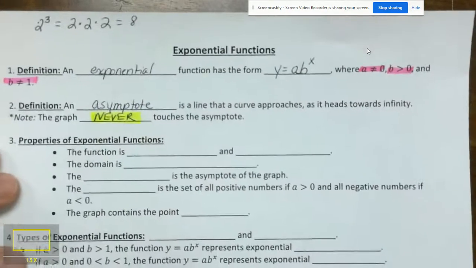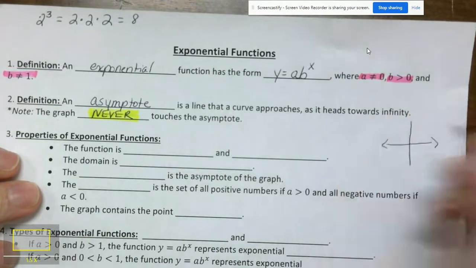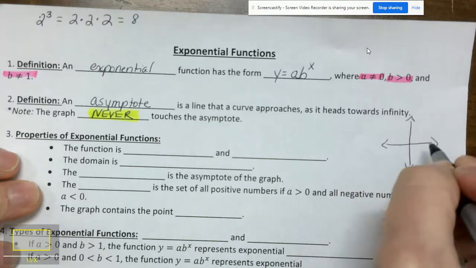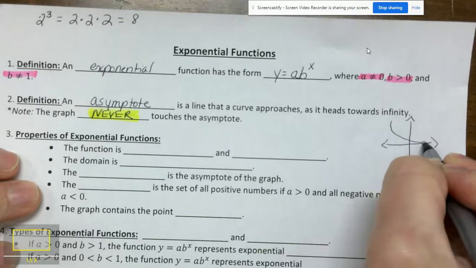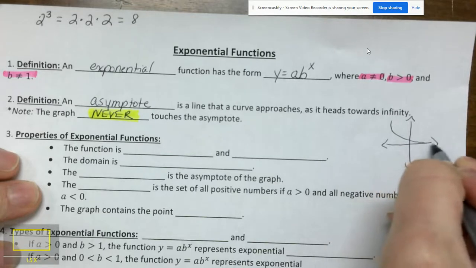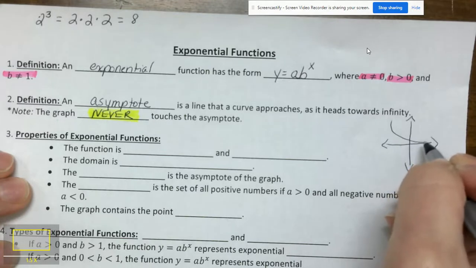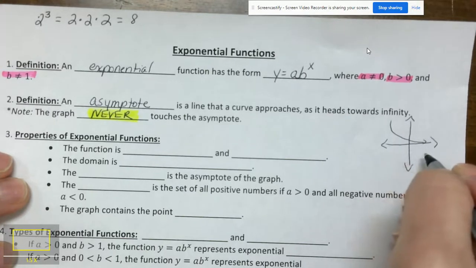So it's almost like you would have a graph over here, like this, okay? And we would have a graph that might come down like this, and it might continuously approach this y line here of y equals 0, but it would never touch it. So our asymptote here would be the line y equals 0, okay?